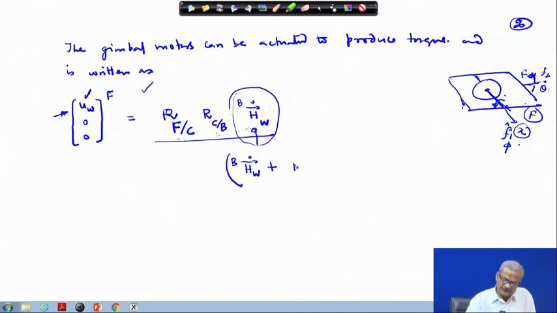So, that forms the S dot wheel of the body frame, and then this needs to be converted from the C to body.